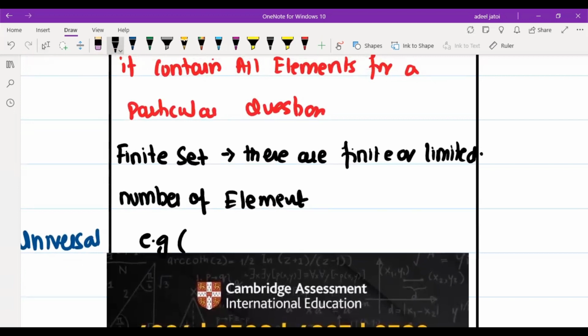Example, any values from 1, 2, 3, 4, with a limit till, let's say, 10.